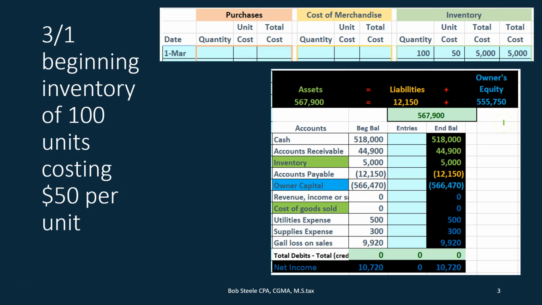Remember that when we talk about these assumption methods, these flow methods, we are not talking about the actual flow of the inventory, which may not be the actual cost of the inventory we're selling. It's going to be an assumption. One of the criteria for that is that we're usually talking about units that are going to be the same or homogeneous in nature.